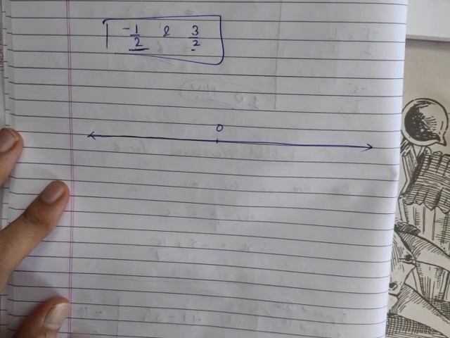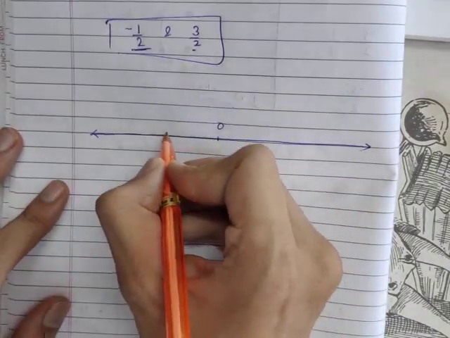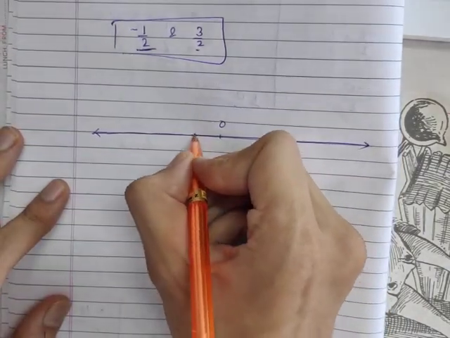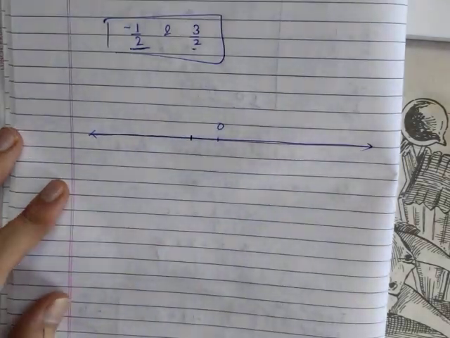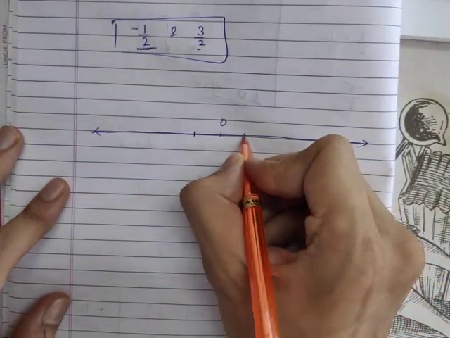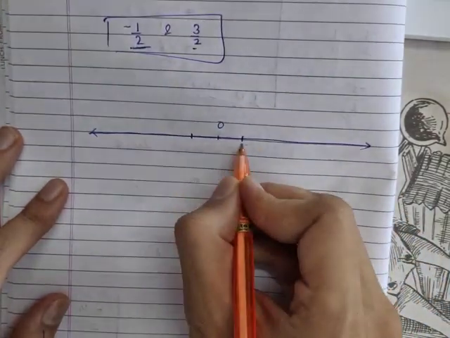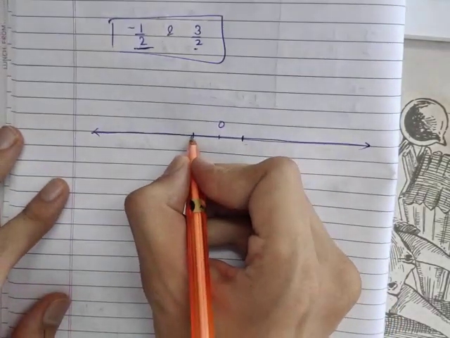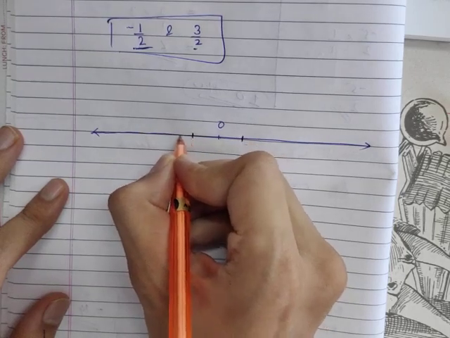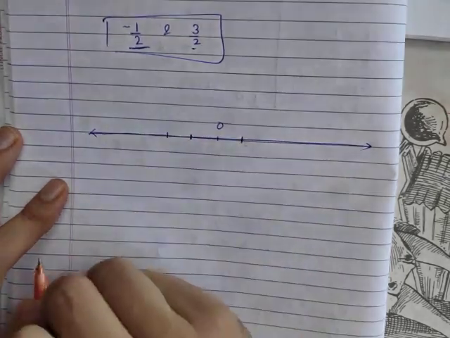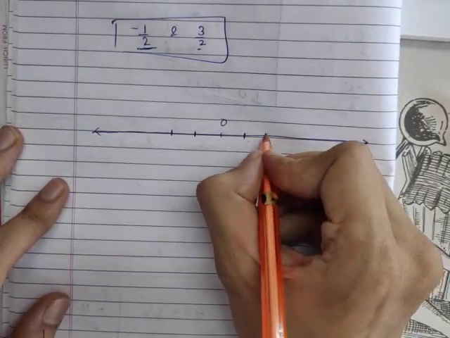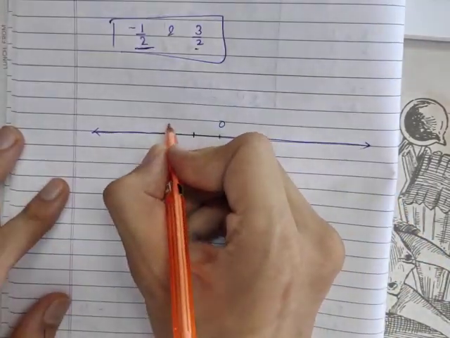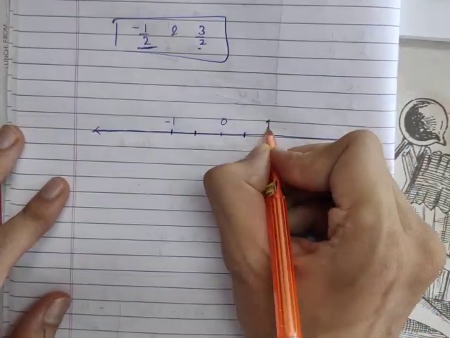When I say distance of 2, let's see what do I mean. So instead of directly writing here 1, I'll first mark here and here. Now I won't call them 1 and -1. No. I'll mark one more. Equal space every time, okay? Equal space. I'll call this -1 and this 1.